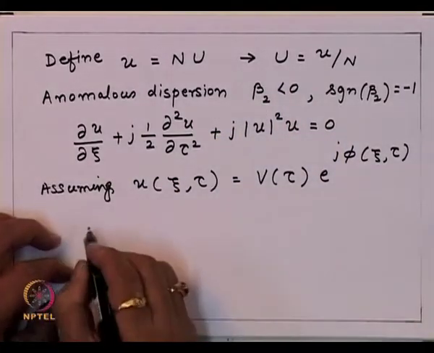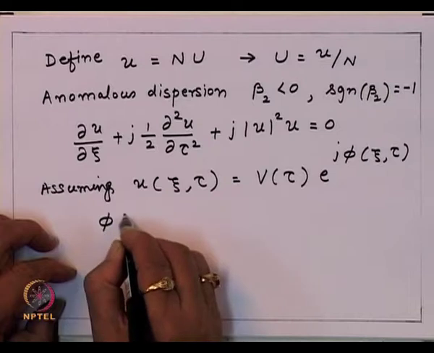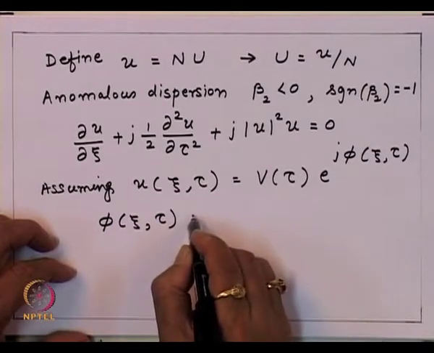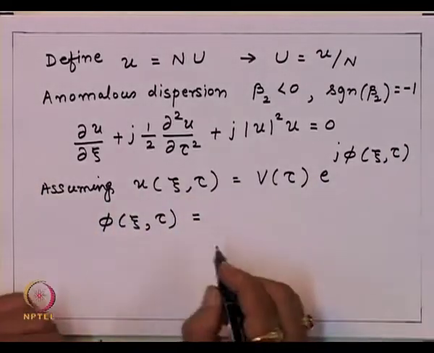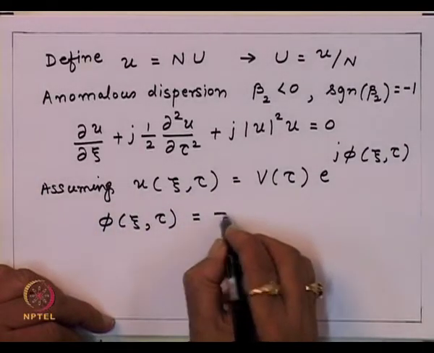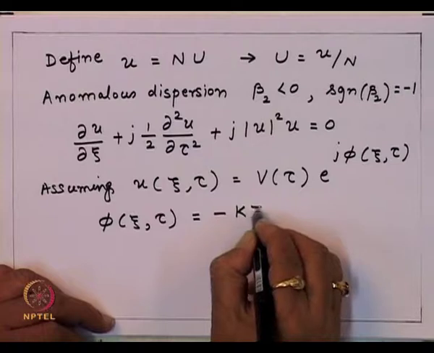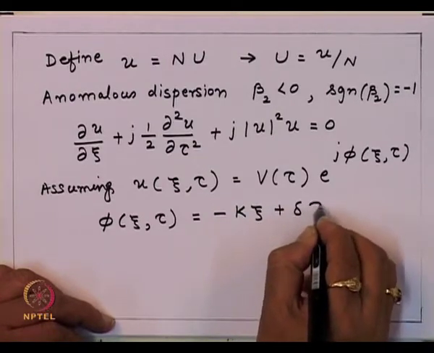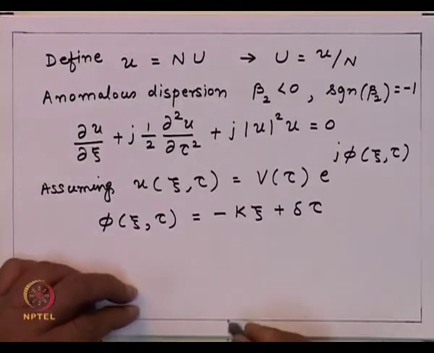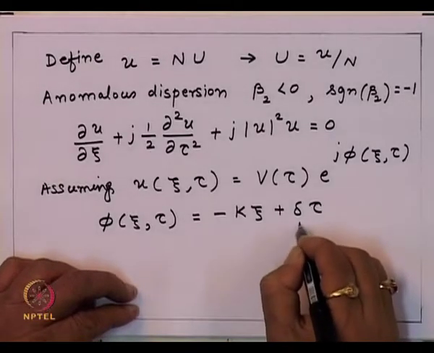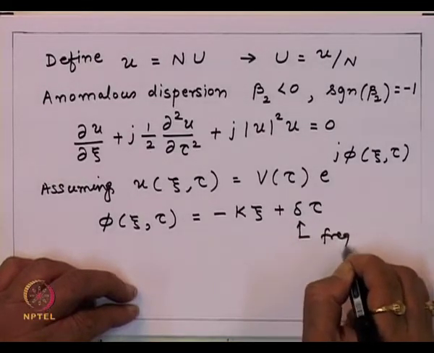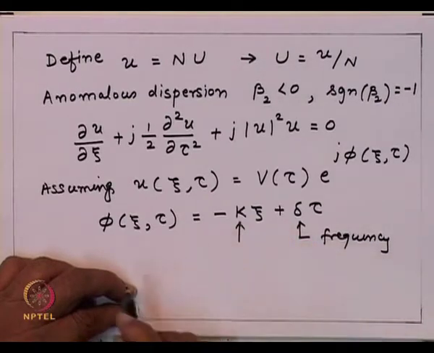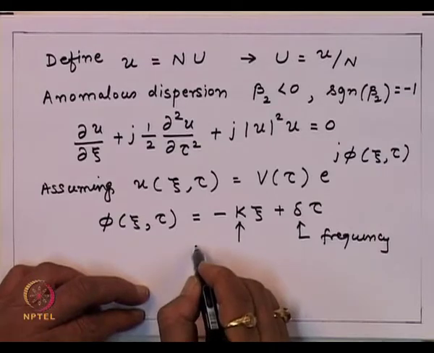One can show that the solution for phi is a function of zeta and tau, the same as the wave propagation kind of phenomenon, which gives a solution like that, with delta tau. So, this quantity would represent frequency, and this quantity would represent the phase constant.